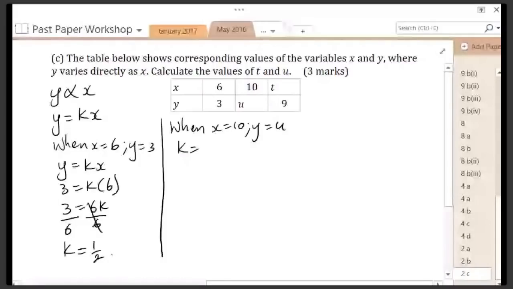So k is equal to a half. So y is equal to kx, and I'm going to substitute the values I have here. So y here is u, k is a half, and x here is 10. So u is equal to a half of 10, which is 5, and that's the answer.